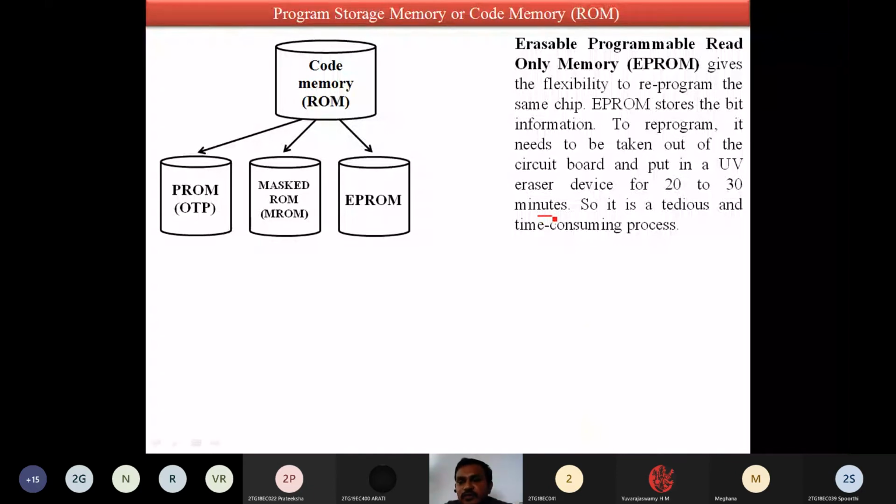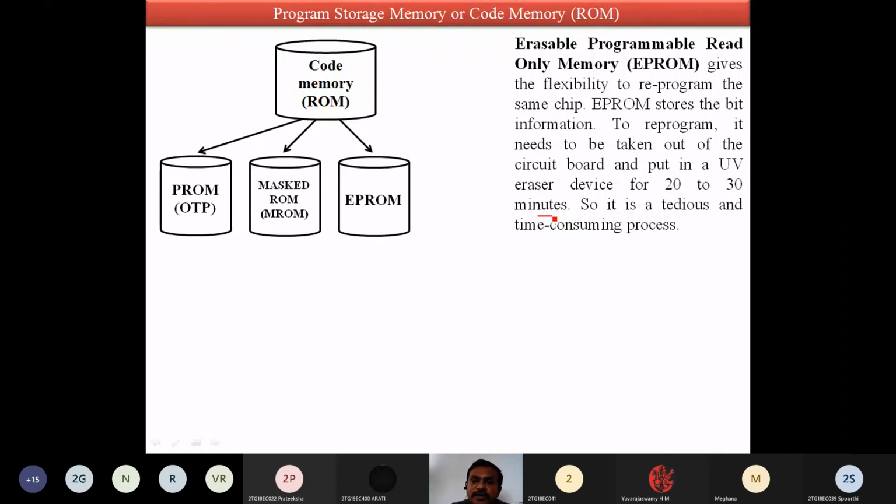Once again, let me go back to the toy itself. In that toy, after PROM, the child has inserted some programs for each button. If the modification is to be done by the child, EPROM will be used for modification. How will the reprogramming be done?